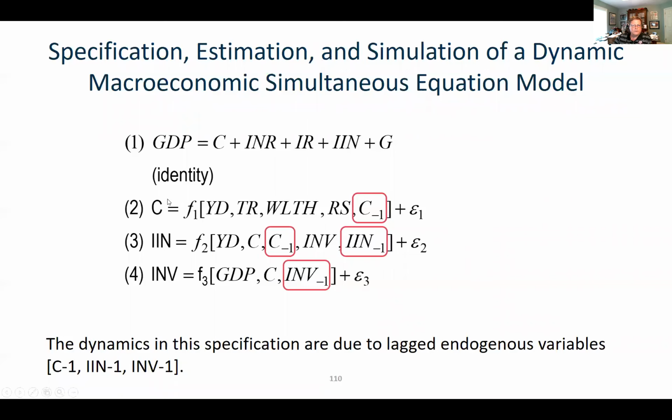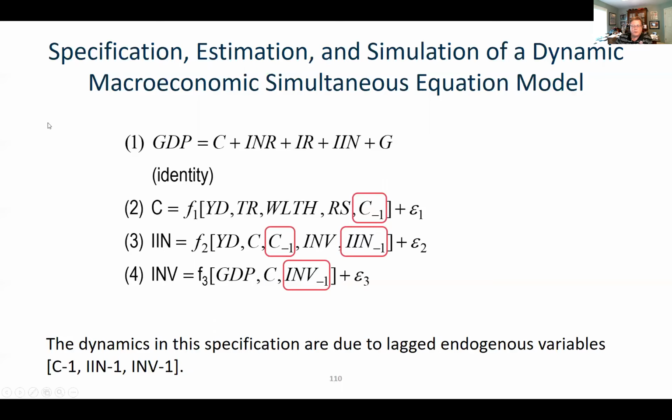GDP is deterministic. It's an identity. And we have each of the setups here for the remaining 3 stochastic equations, but notice in each stochastic equation there are lagged endogenous variables, okay? So this system is dynamic.